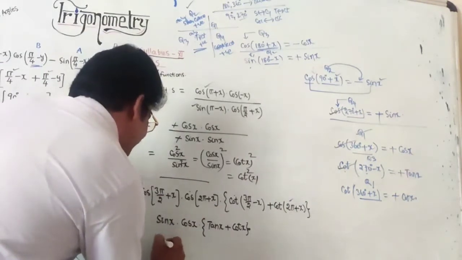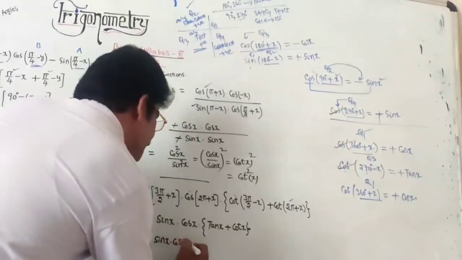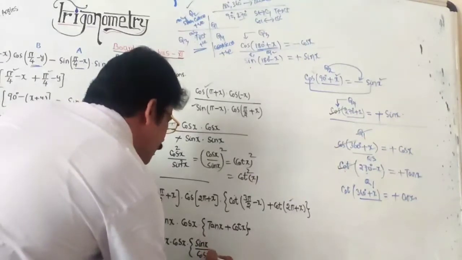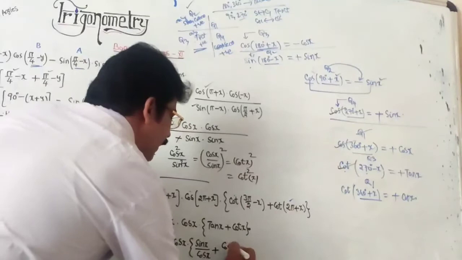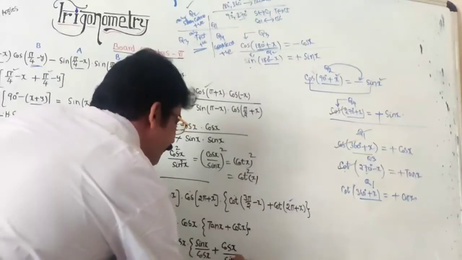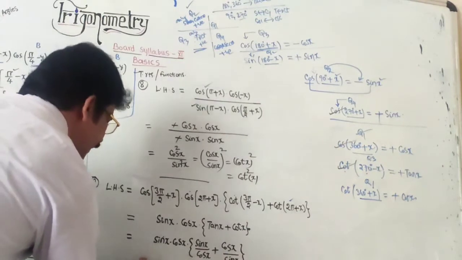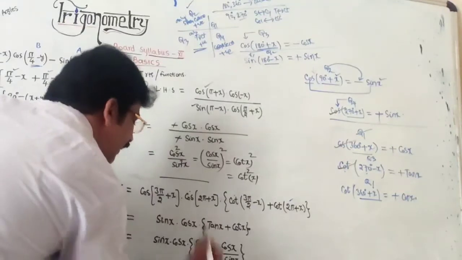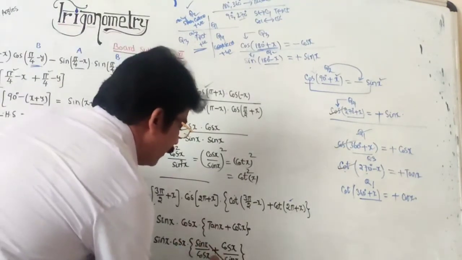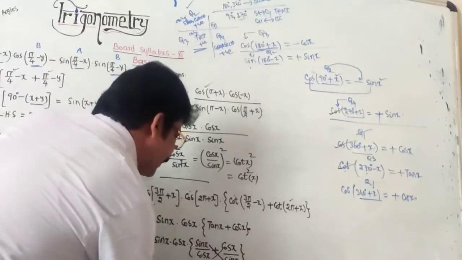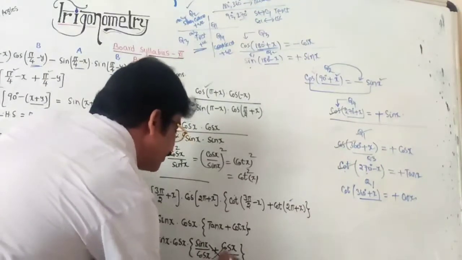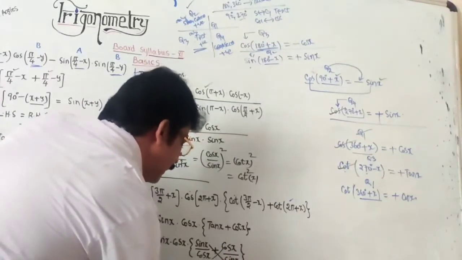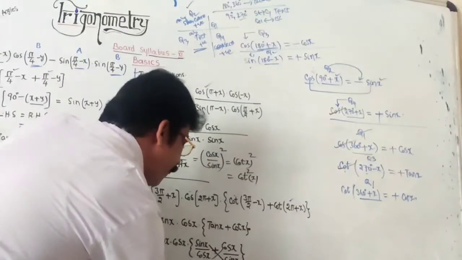That is equal to sin x into cos x into sin x divided by cos x plus cos x divided by sin x. Taking the LCM, sin square x plus cos square x whole divided by sin x into cos x.